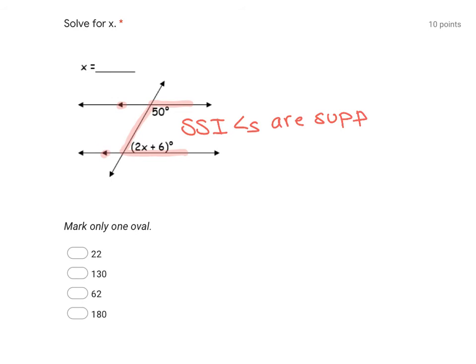That means if I add 50 and 2x plus 6, that should give me 180. So let's combine like terms and solve for x. 50 plus 6, that's 56.